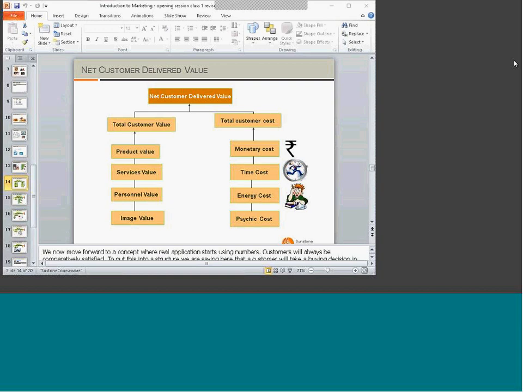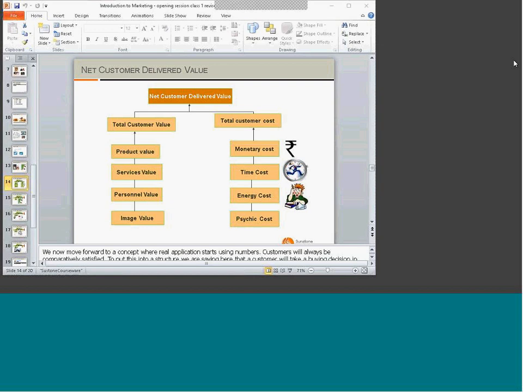Okay. So how much time cost do we want to put here? So we understood time cost. What's your time cost? How much in rupees?